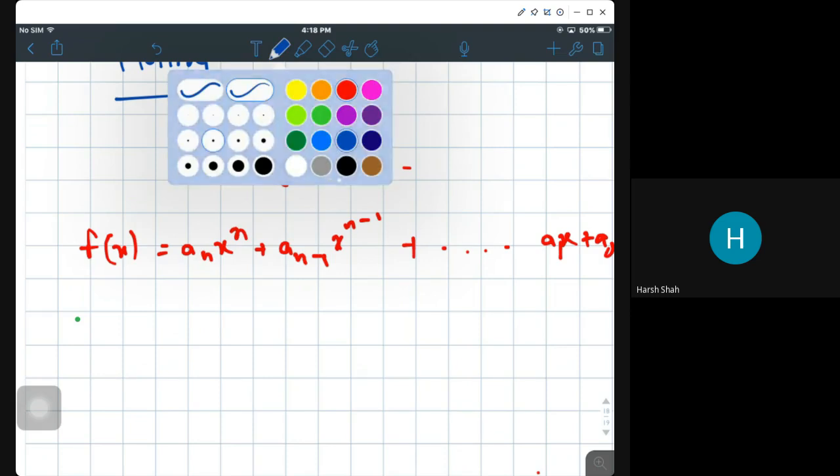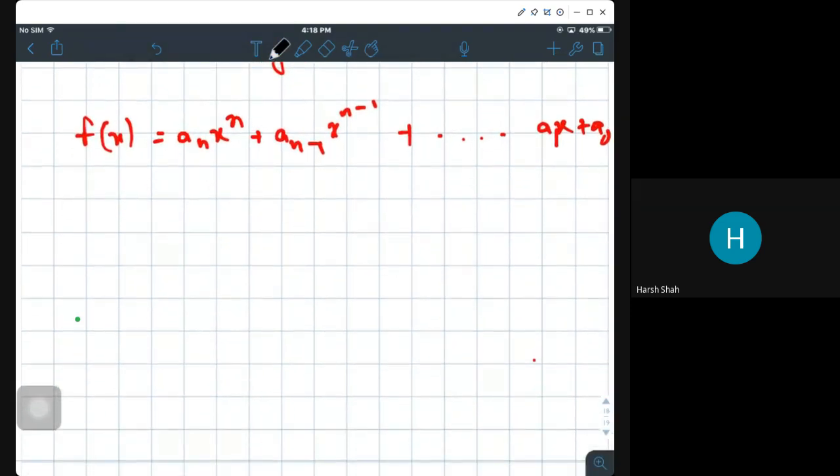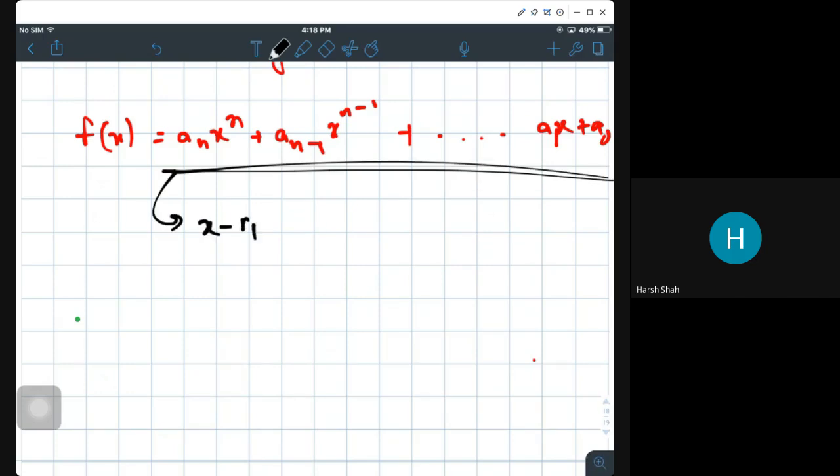Now there are some properties of polynomials. You cannot find roots of a polynomial unless and until you know the division method. When you do this division method, you get something like x minus root 1 times another polynomial.